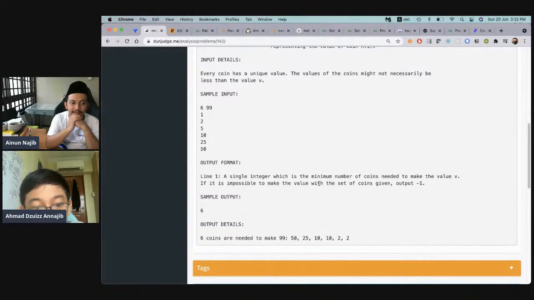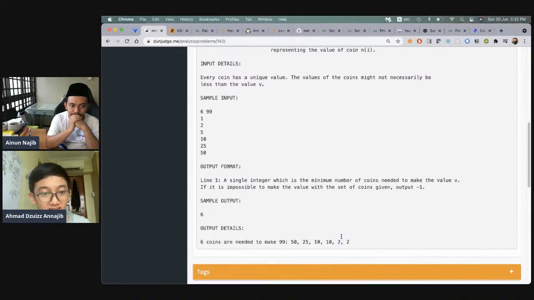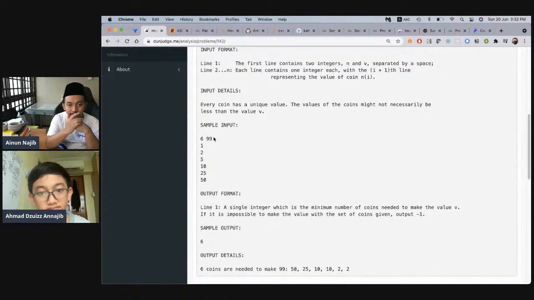And then to make 99, you need 6 coins. Oh, this is just like before. Wait, does it have to be exact? Okay, if it is impossible, output -1. So it's possible for the problem to be impossible.